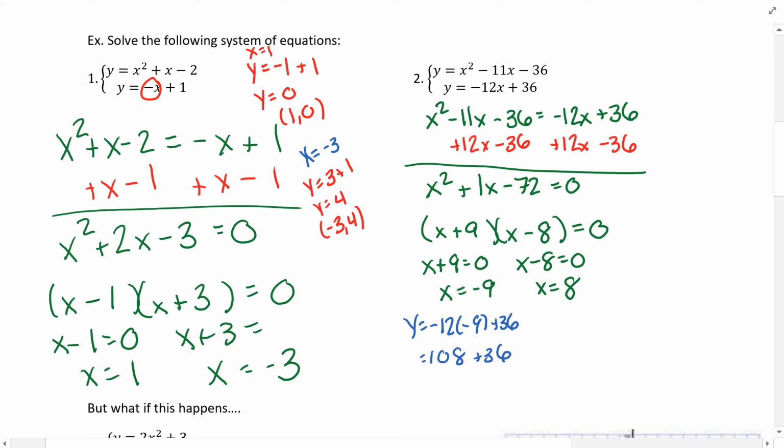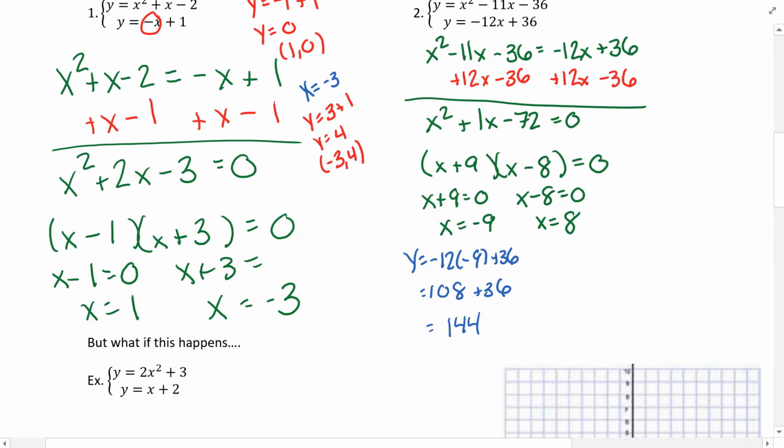So 108 plus 36 is 144. Now, it would have taken us a while to see that graphically because look how large that y value is. We didn't do anything wrong, it's a large y value. So my coordinate is negative 9, 144.